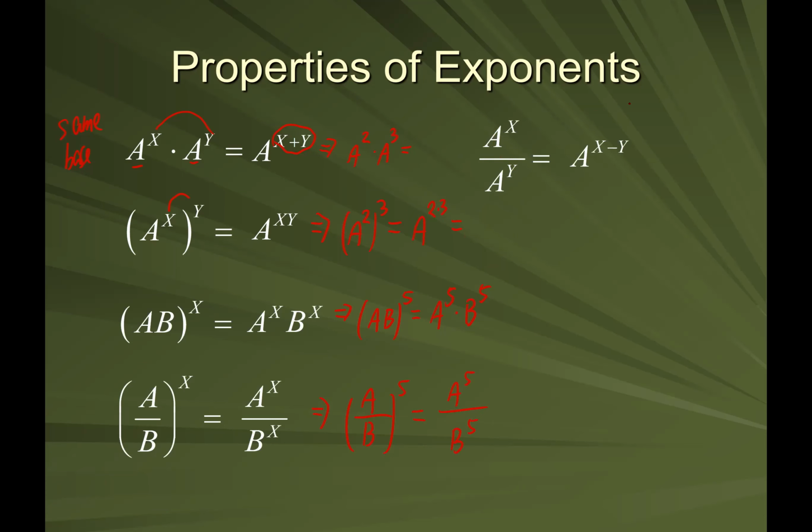So the base remains as is, and then x minus y. So for example, let's say we have a to the fifth over a to the third, right? Same base, keep the base. Now using the bigger power, subtract the smaller power, keep it on top. So it becomes a to the second power.